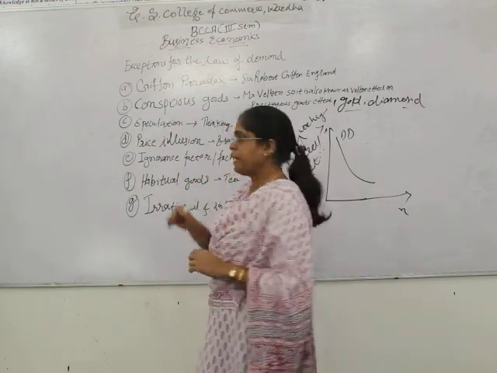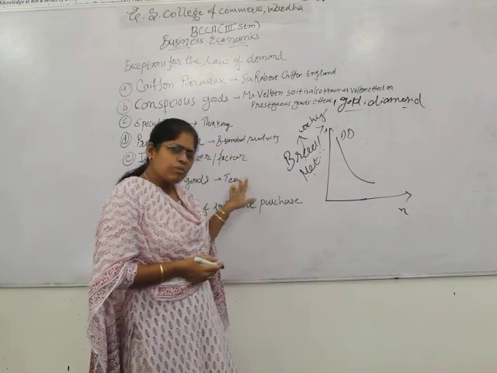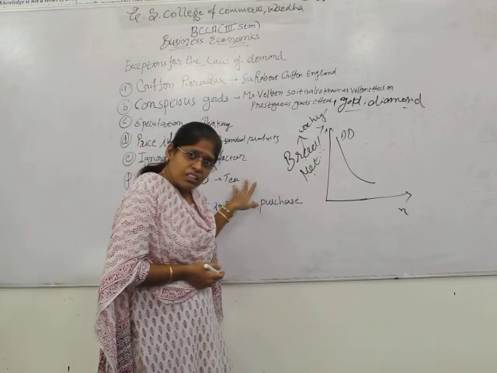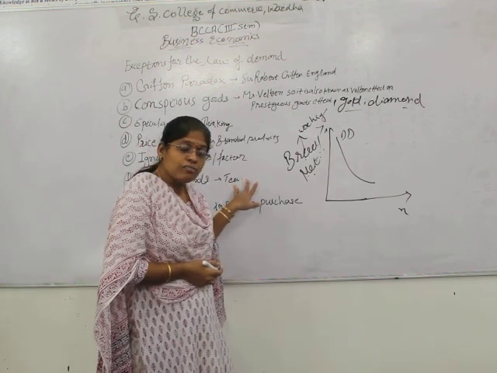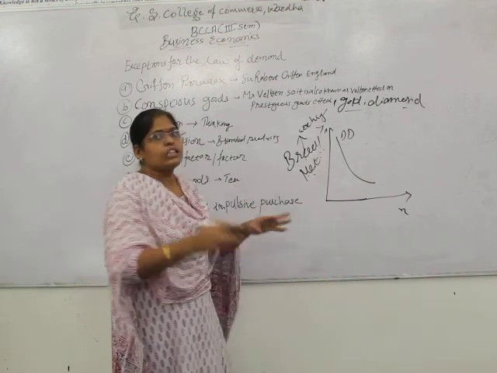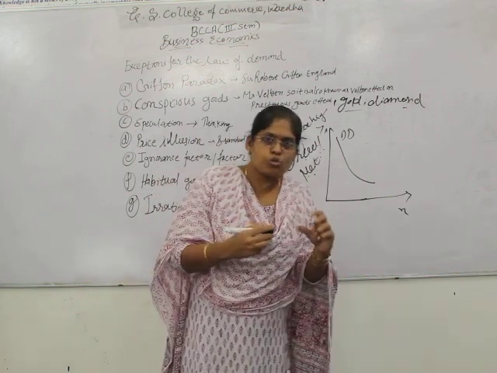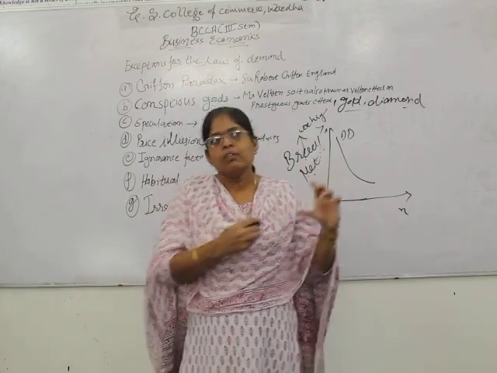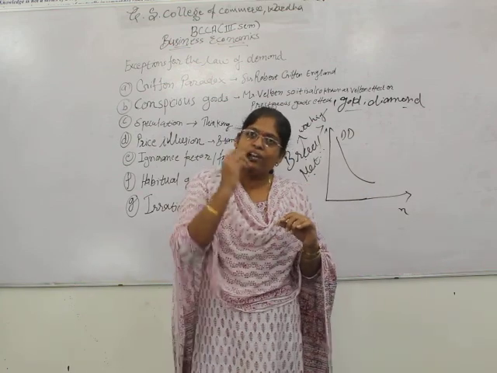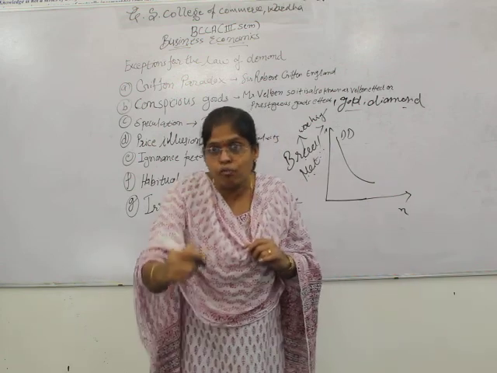Habitual goods. In the case of a habitual good, take tea. Most of the people in society are drinking tea. They are habituated to drinking tea. Although the rate of tea, which you used to get for 5 rupees one or two years ago, now you get for 10 rupees, still you are drinking it and still you are affording that product.